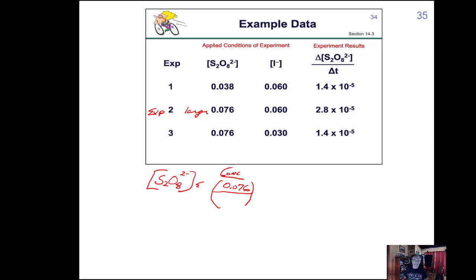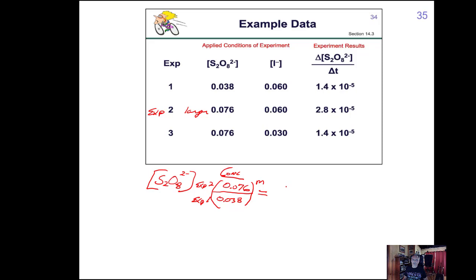So this is going to be experiment 2. This will be experiment 1, which is going to be the smaller concentration, 0.038. And what we're looking for is this exponent. Now we could reverse this, but that's going to give you a decimal, and it might not be easy to solve by inspection.